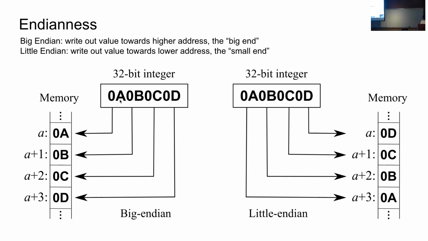But at the end of the day, 0A, 0B, 0C, 0D will be that same exact number, right? So if we ask you to translate it into RISC-V, you don't have to worry about it being secretly some other value. It's just that value. Okay.